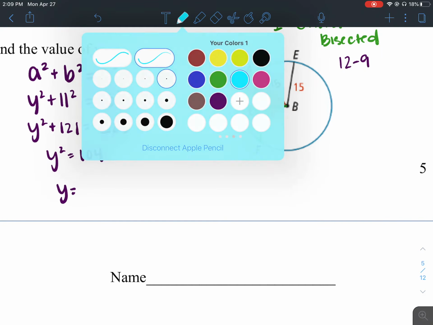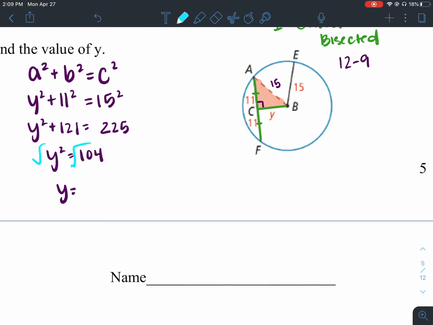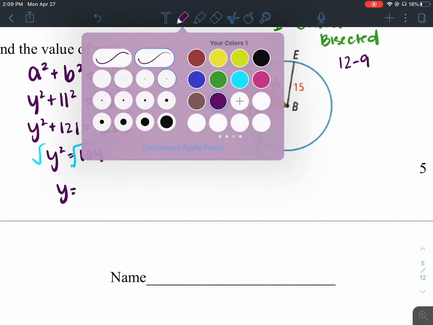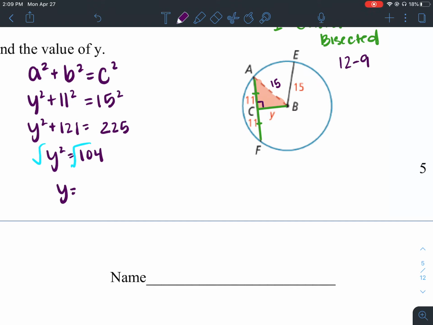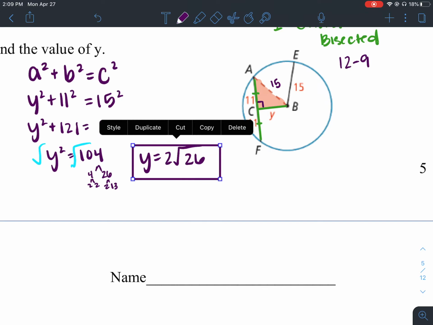So I square root, and I'm actually going to leave this in simplest radical form just to practice that. If the directions on your homework say round, then put it in your calculator and get a decimal. But I'm going to say this breaks into 4 and 26, which is 2 and 2. This is 2 and 13. So I'm going to say y equals 2 root 26. And there's my answer.